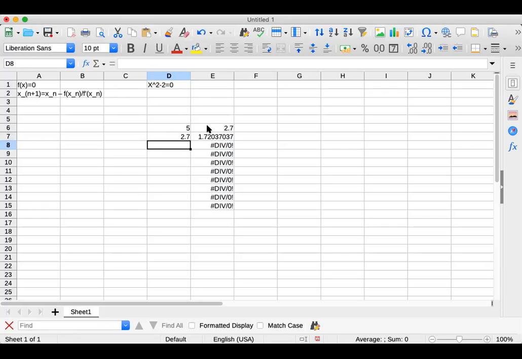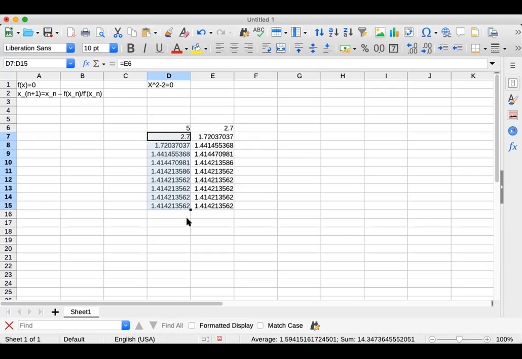So now all you have to do is to extend this formula down, because in this cell, the value of this guy, x_n, is going to become the number here, and we're going to apply the formula to it, and so on. And as you can see, just by dragging this little square, we extend the formula down the road, and we obtain pretty simply the value of square root of 2.